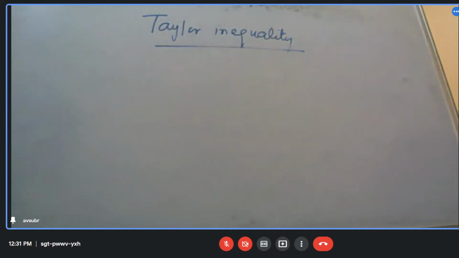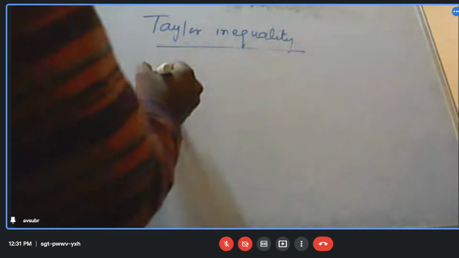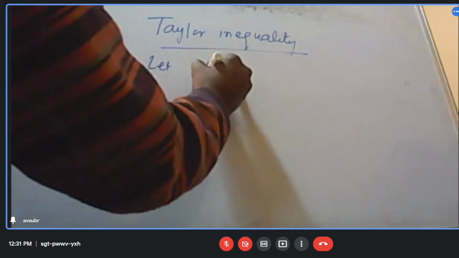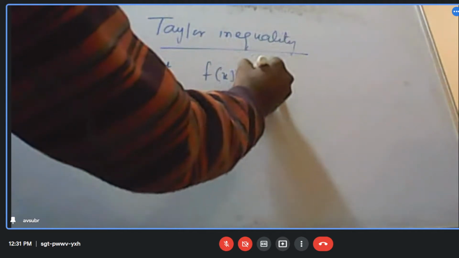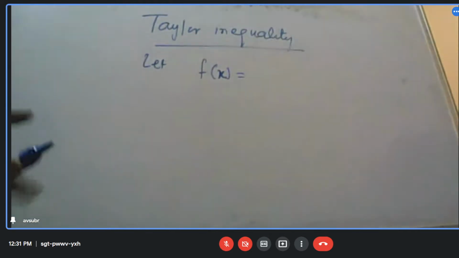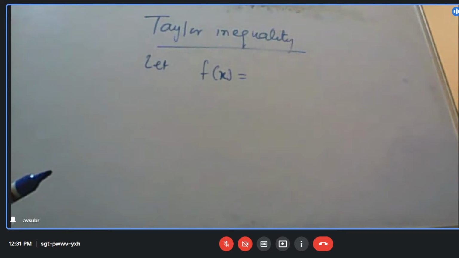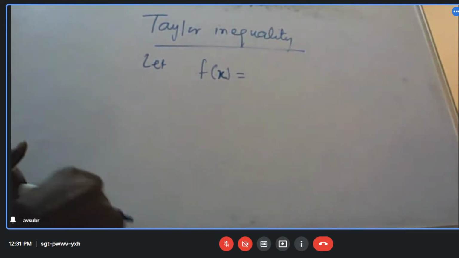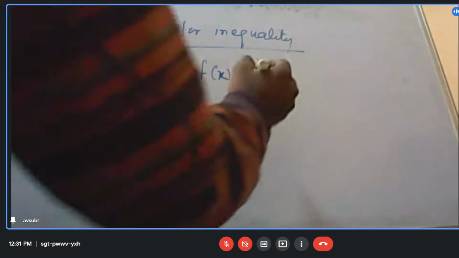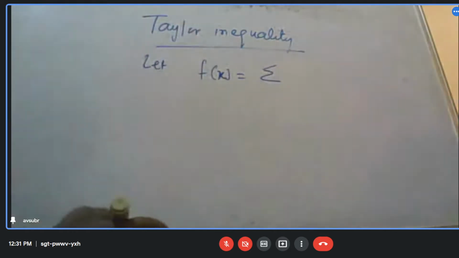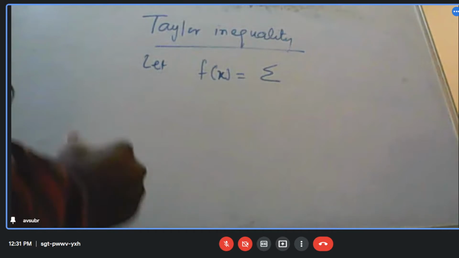Taylor inequality. So I have a function f, and this function I can represent as a Taylor series around a given point.